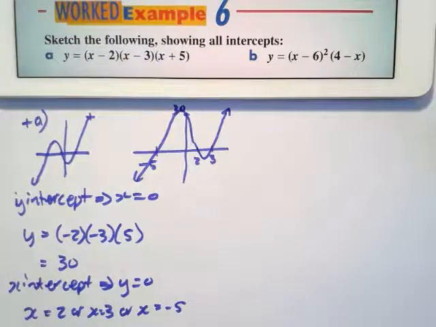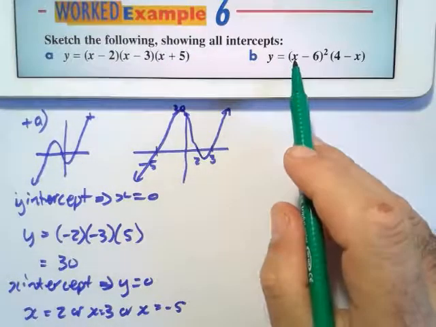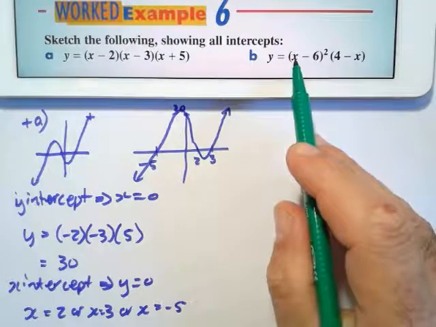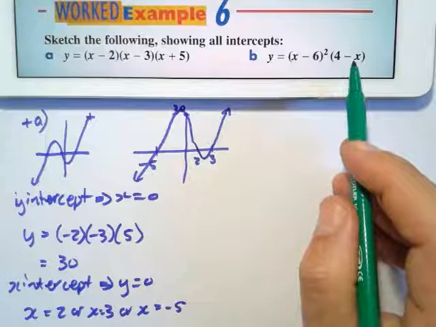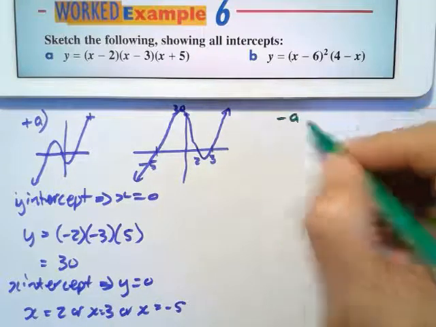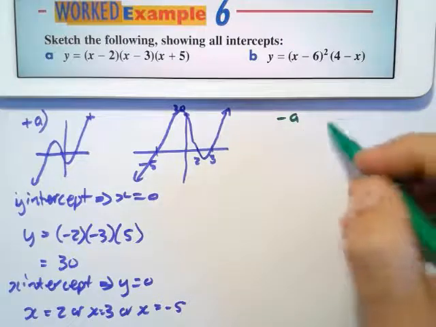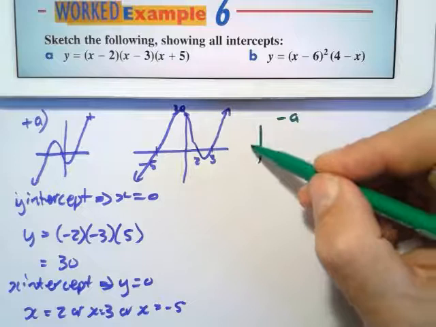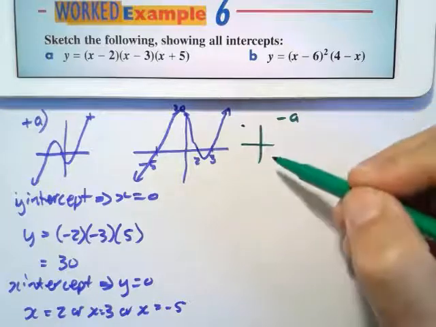Let's look at B. I have an x squared, which means x times x is x squared, times negative x, which gives me negative x cubed. So I've got negative, which means it's going to finish down here.